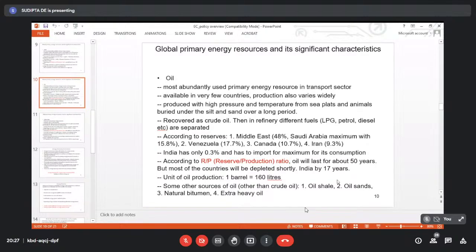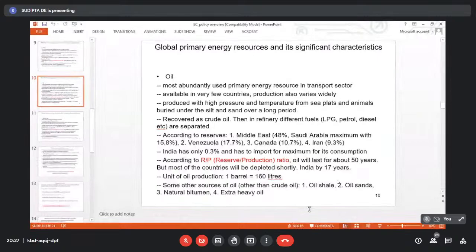People have predicted very strongly that when their oil reserves are exhausted, they will have very little possible source of income, because the people there are not habituated to so-called education and knowledge building. That's why their economy is called a resource-based economy rather than a knowledge-based economy. And a resource-based economy is always very vulnerable.